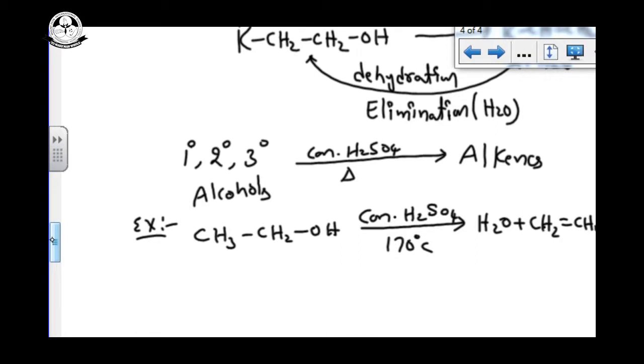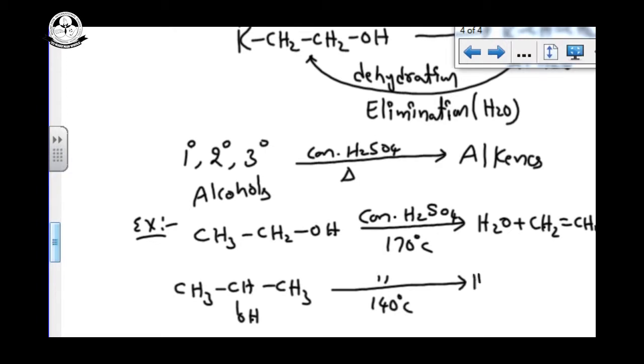Second example, I am taking a secondary alcohol, 2-propanol. Same dehydration, but the temperature is 140 degrees Celsius. Removal of water, we get CH3CH=CH2.